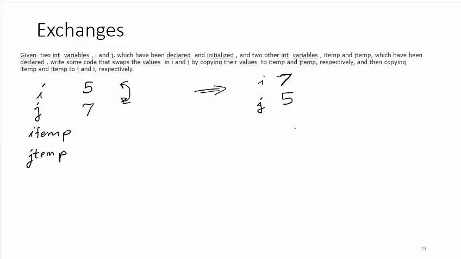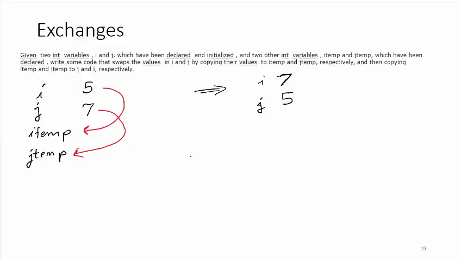So how am I going to swap those values? The problem gives you a hint. It says to use these temporary locations. So what you want the program to do is put the value of i into the temporary location iTemp, and put the value of j into the temporary location jTemp.